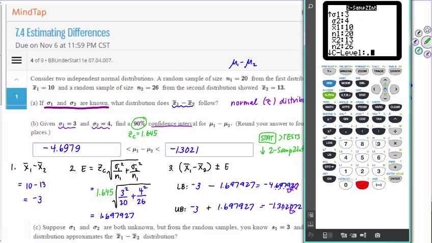Confidence level was 90. And we want to calculate. So we get negative 4.698 and negative 1.302, which you see is consistent with the confidence interval that we've created, but we needed 4 decimal places, so we did have to go by hand here to get that last decimal place.